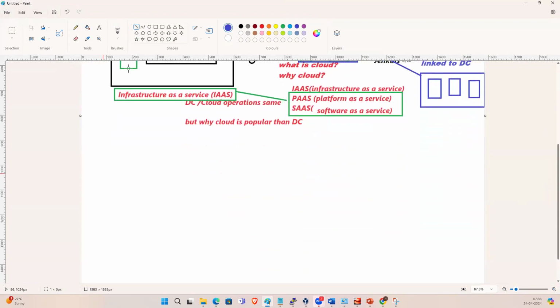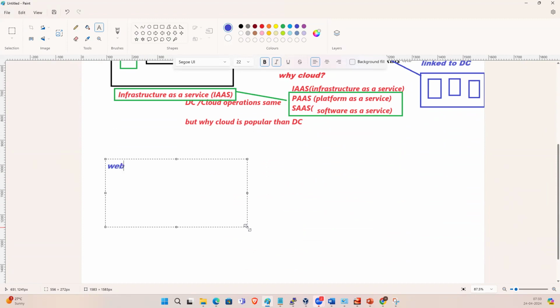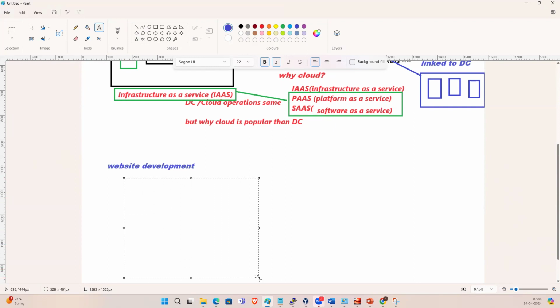So for example, guys, website development. What are the social media websites, guys?